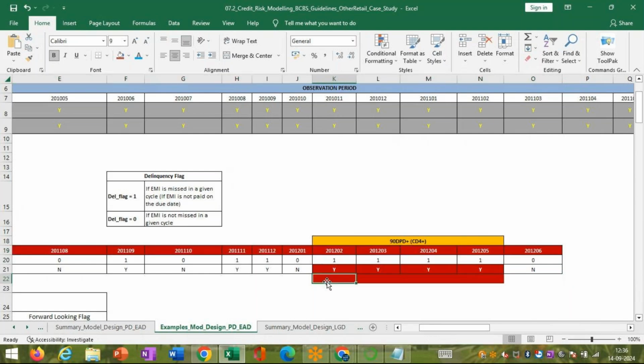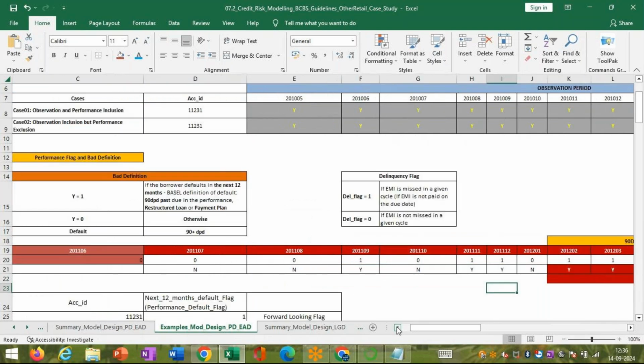Now, what is the next snapshot that I can choose over here? The next snapshot that I can choose over here is 2011-09.